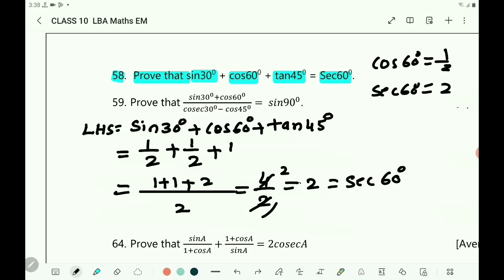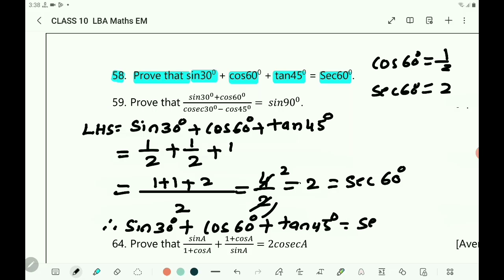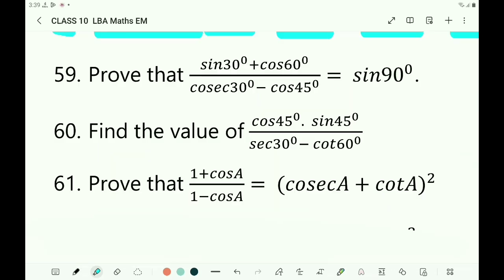Therefore sin 30 degree plus cos 60 degree plus tan 45 degree is equals to secant 60 degree. Here you started from LHS and you got RHS. You must know 2 is equals to secant 60 degree.